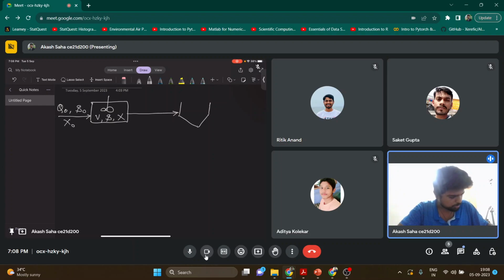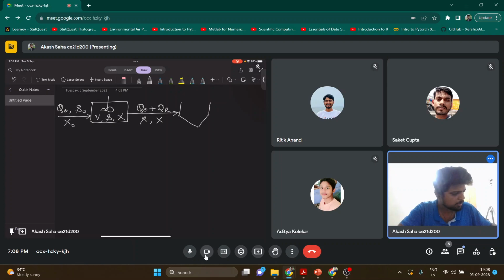So both the substrate concentration and the biomass concentration will be the same going into the settling chamber. But here the inflow will increase, equal to my initial Q naught plus the sludge recycle coming from the settling. We will see where it is coming from.